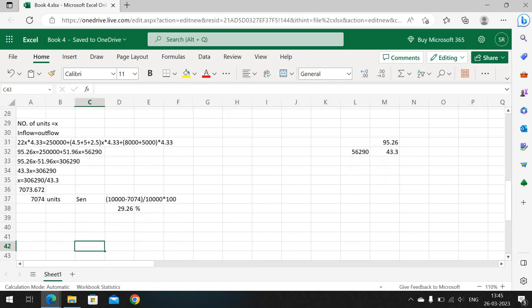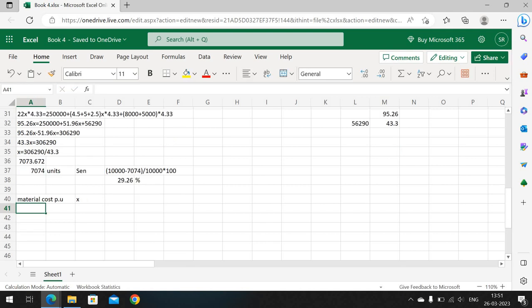Now material cost per unit is changed. My outflow is 2.5 lakhs. So 2.5 lakhs is equal to inflow, that is sales 2,20,000, and here material cost per unit is x, so 10,000 units into x.